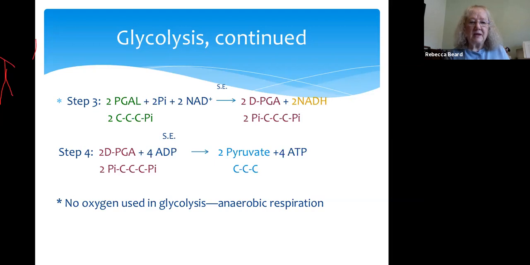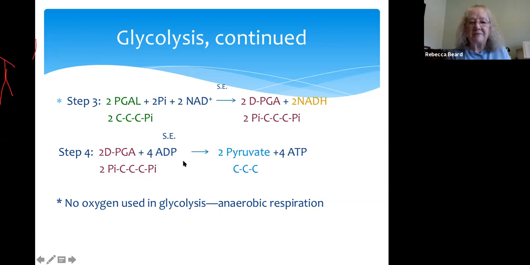Okay, and so now we've got this compound here, the 2-DPGAs. This is going to come down here. And we're going to add some ADP to that. So we have 2 of the phosphorus here. This is what we have here, which is the same as up here, and 4 ADP. So we actually have 4 phosphorus molecules available.